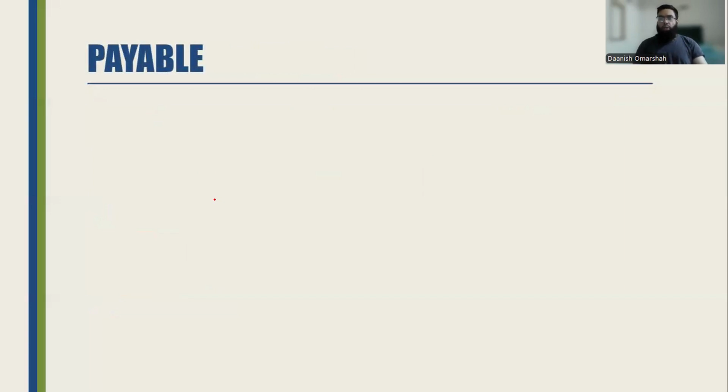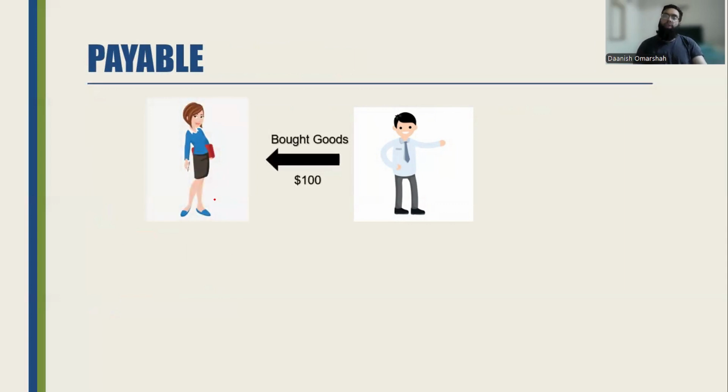Now, again, I will give you a short scenario. The person you see on the screen is John. He's the owner of the business. Now, John bought goods worth $100 from Emily. So Emily is the supplier and John is the business. And John bought goods on credit. Now, I hope you understand the word credit.